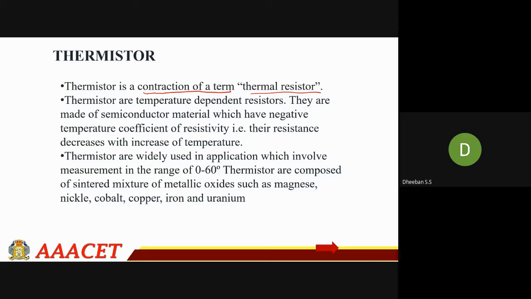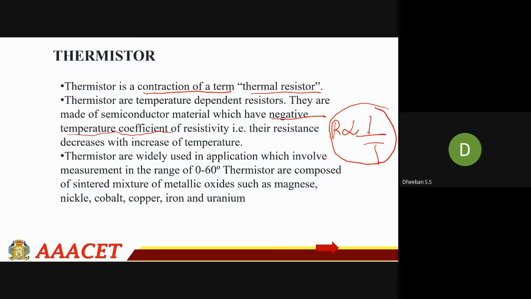They are made of semiconductor material which has a negative temperature coefficient, that is, the resistance decreases with increase in temperature. So it is inversely proportional. In the thermal resistor it will be different, vice versa.